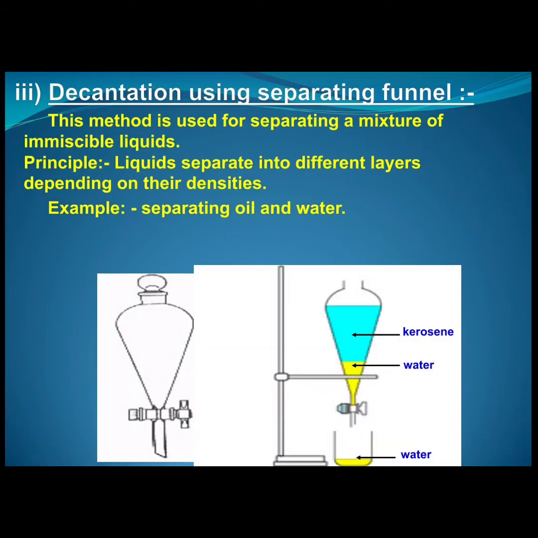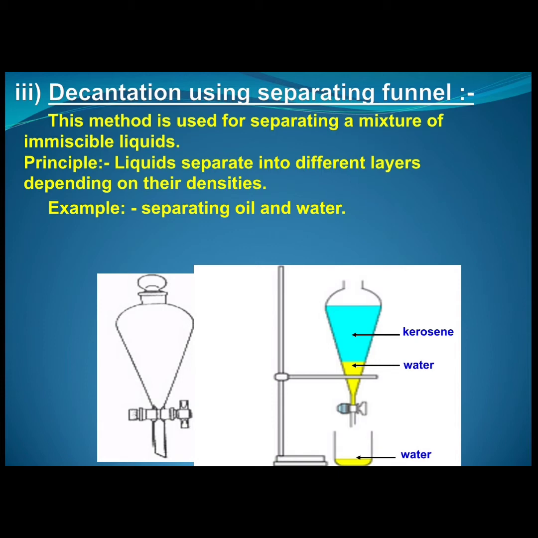The next is decantation. We have studied in class 6 that decantation is a process in which we make the heavier component settle down and the lighter component is separated out slowly. And here we are going to do the same process of decantation, but using the separating funnel.